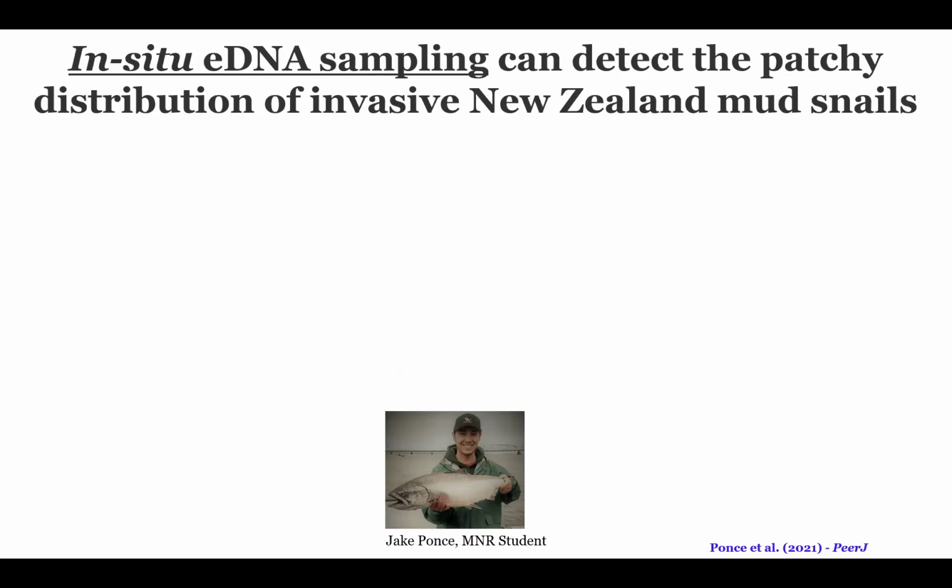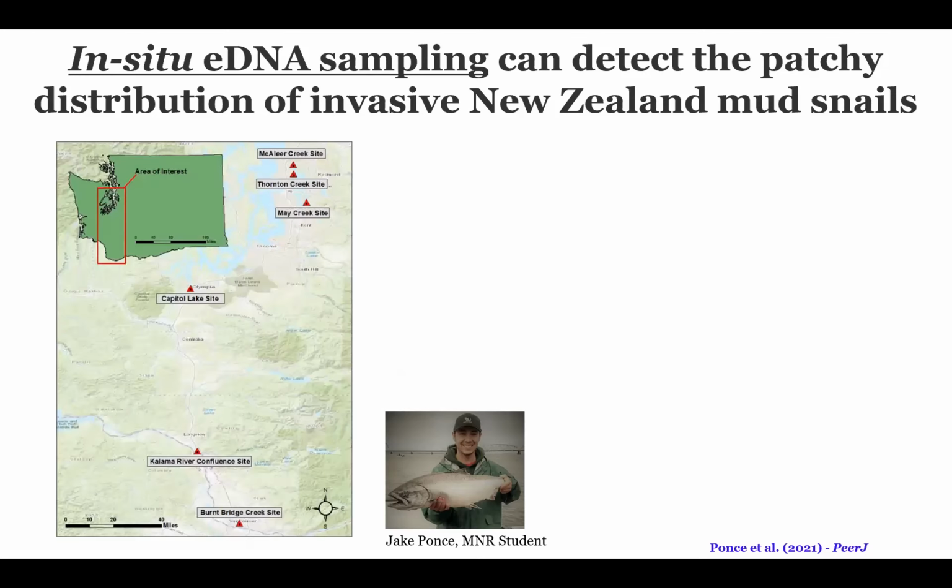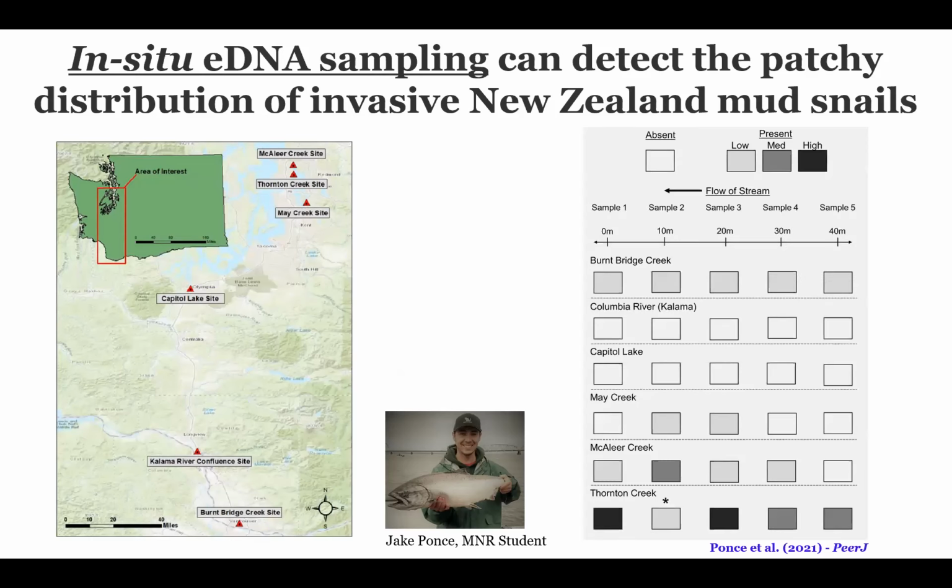We tested this with Jake Ponce and Mastering Natural Resources in Washington, in different places with the invasive New Zealand mud snail, and we were able to detect present and absent for a species that is really patchily distributed. You can see these boxes represent relative abundances of mud snail in the same river, with each line being one river in different places.